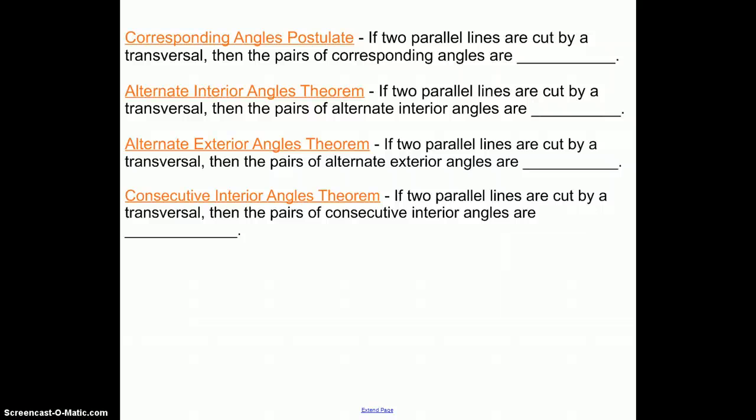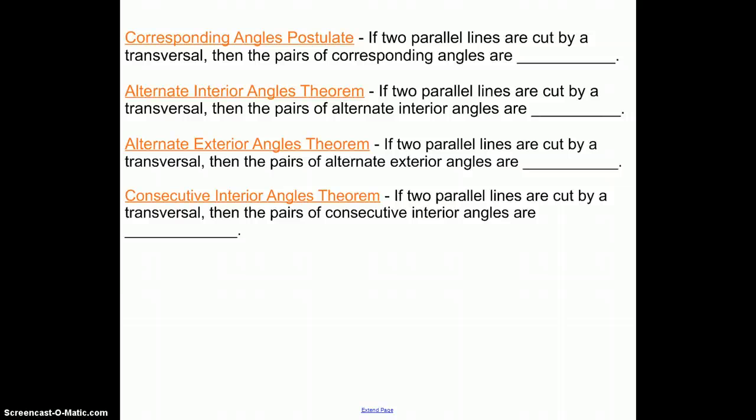Okay, so corresponding angles postulate, alternate interior angles postulate, all these four different things, they all start exactly the same way. If two parallel lines are cut by a transversal, then. So, for each one of these things, going back to that drawing I was messing with, you had two parallel lines cut by a transversal.